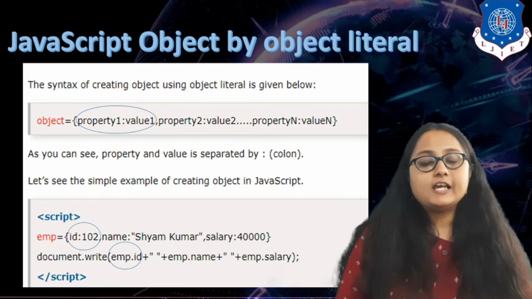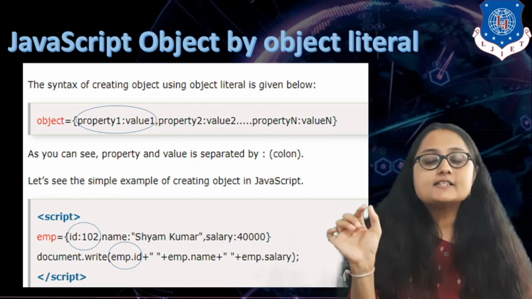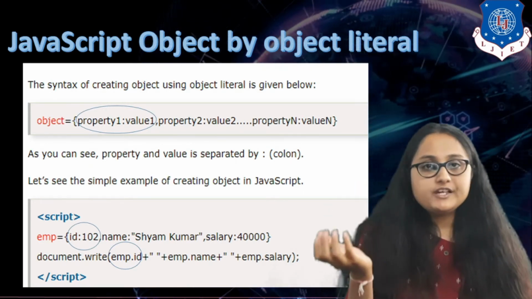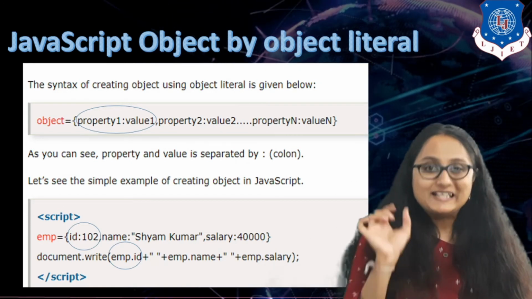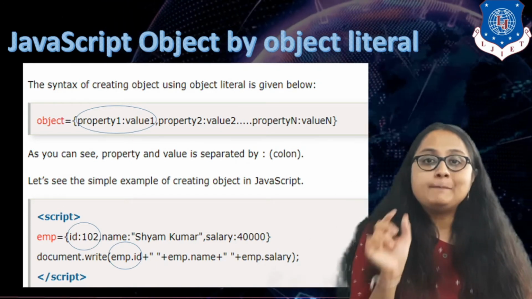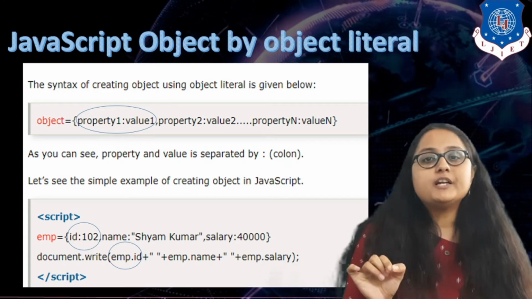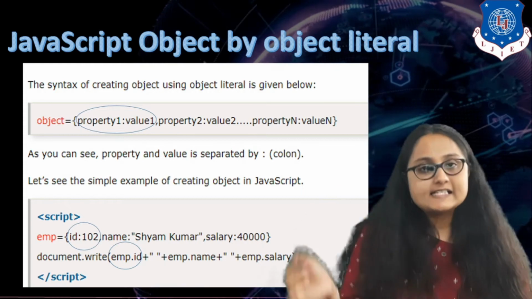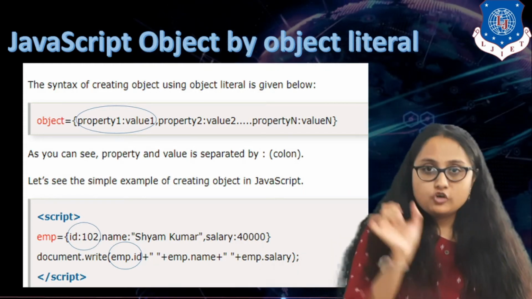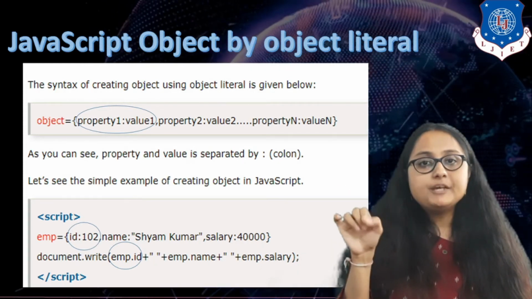In our case, emp is the object name, the variable in which I have assigned the object. Dot is the operator that you have to use for accessing the property name. So object name, that is emp, dot property name.